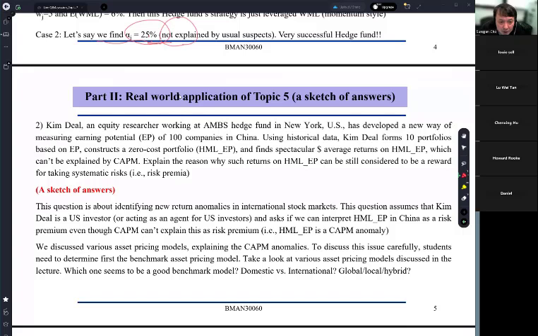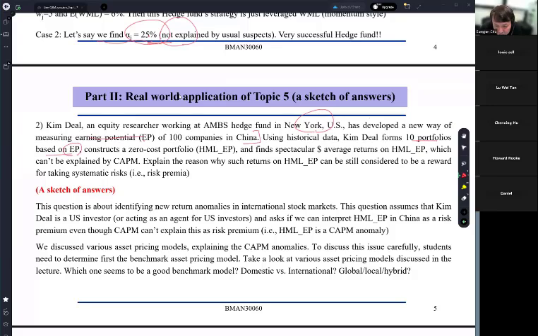Kim Deal, an equity researcher working at AMBS hedge fund in New York, so a New York investor, a US investor, has developed a new way of measuring certain characteristics, the earning potential of 100 companies in China. And Kim Deal is thinking about investing in a group of companies in China. Using historical data, Kim Deal formed 10 portfolios based on EP, just like what we did.